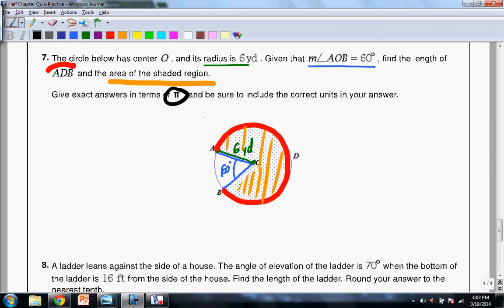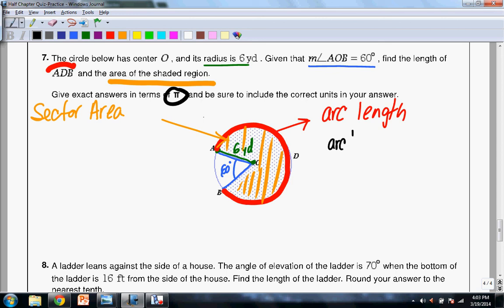So watch it. We actually have 2 things we're finding here. We are finding the red, which is arc length, and we are finding the orange, which is sector area. So let's write our equations out. Arc length is a fraction of circumference.